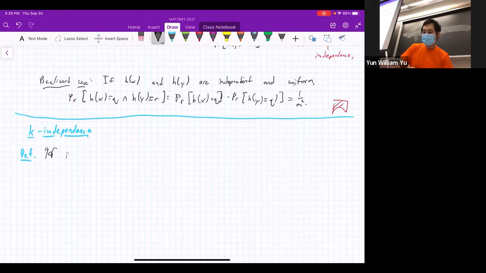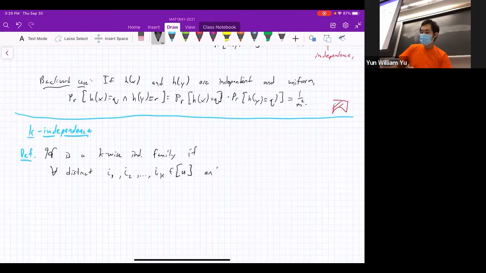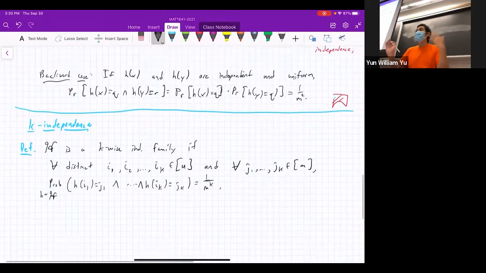H is a k-wise independent family if for all distinct I1, I2 through IK, so these are all not equal to each other, in U, and for all J1 through JK in M, the probability over H in these hash functions that H of I1 is equal to J1 and ... all the way to H of IK is equal to JK is equal to just 1 over M to the K. Okay, so we're talking about the independence of K different events.